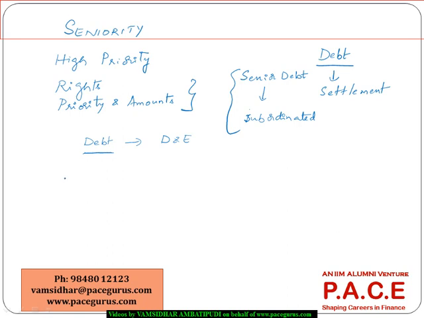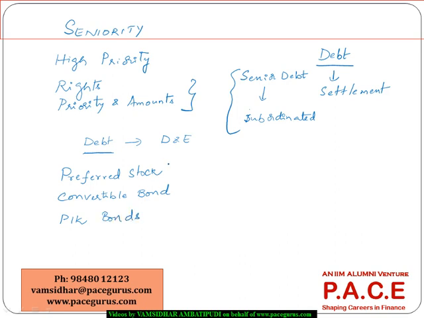So let's say a preferred share, preferred stock, or a convertible bond, and I can also talk about PIK bonds, payment in kind bonds.